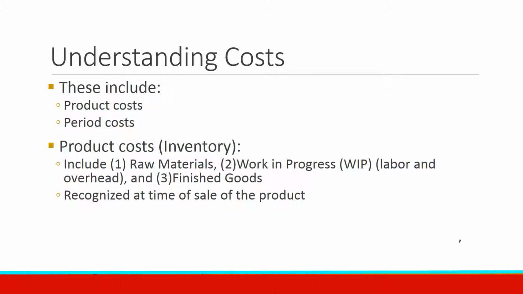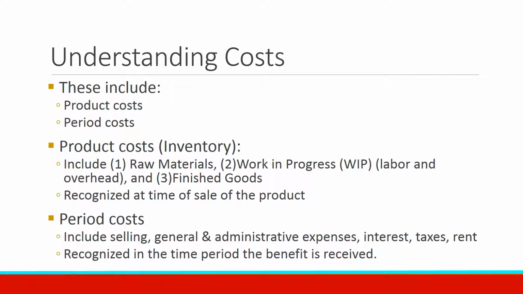These product costs will be recognized on the income statement as a cost at the time that the product is sold. The other kind of cost is called a period cost, which means a cost, rather than being associated with the product that's being sold, is associated with the time period.